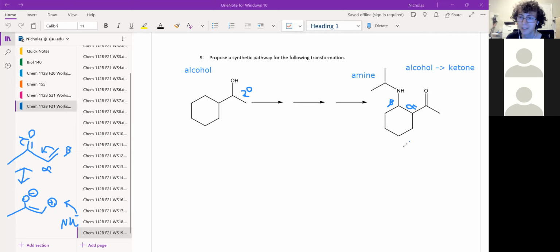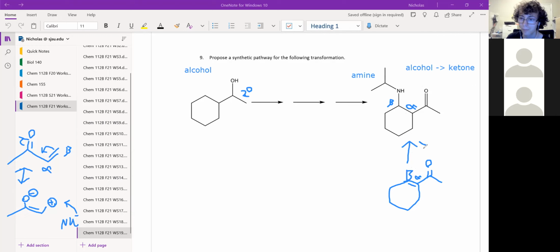So it would make sense, if we're working backwards from the product, that the immediate precursor to this was something like this, with an alkene on the alpha and beta spots. Because then if we added an amine, it would add to the beta spot, and we'd get that product we want.